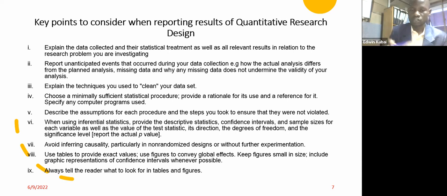Those are things you need to bring in once you are analyzing your data, because in research design, you have to come up with the population and the sample size, find out what sample size you're looking for and what the total targeted population is. So if you find at the end, when you're analyzing, that some data is missing, those things must be pointed out if you are using a quantitative research design.